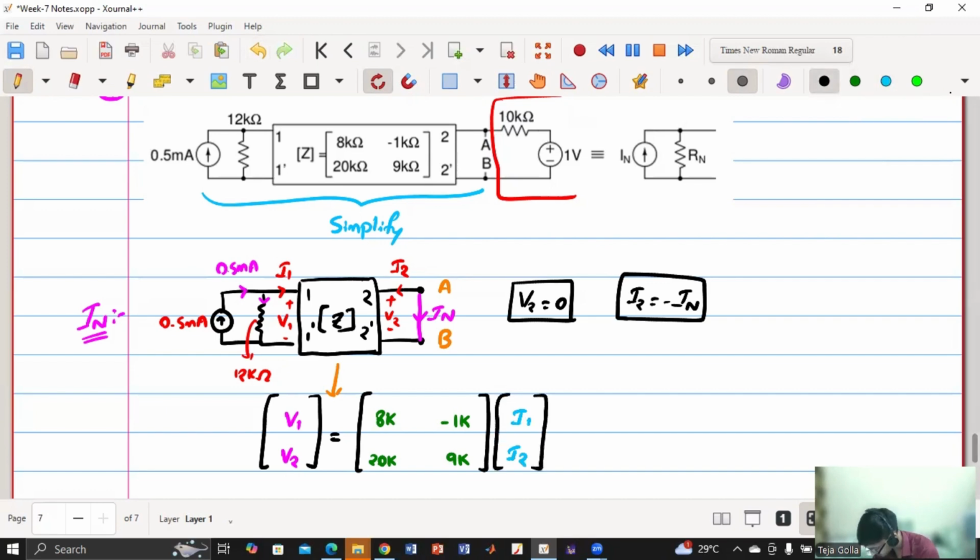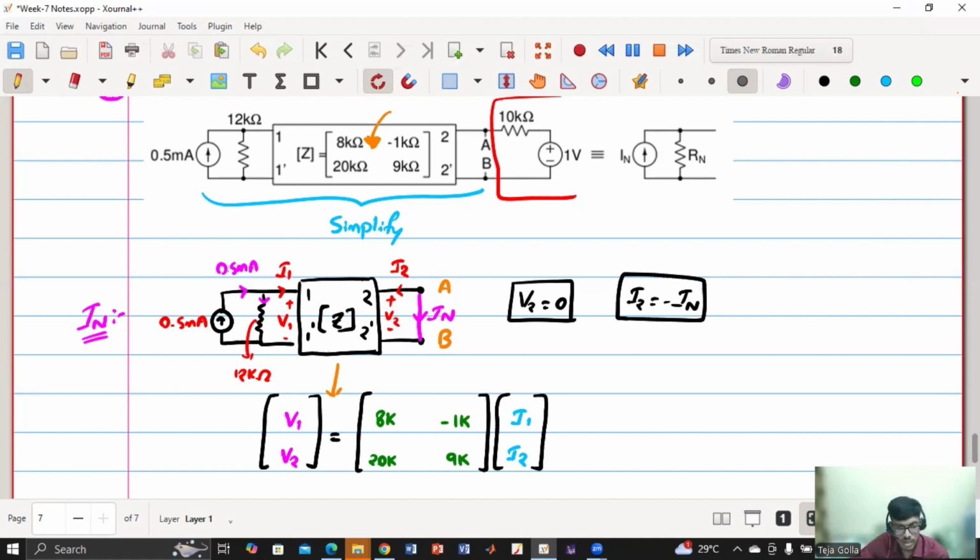Simple and understandable? I have just written the Z parameters of the two-port network whose input side has V1, I1, and output side has V2 and I2, because they have already given this here. That's it, right? Got it?